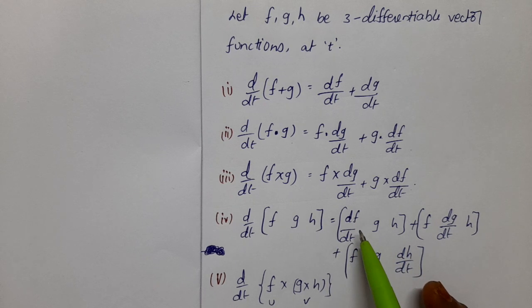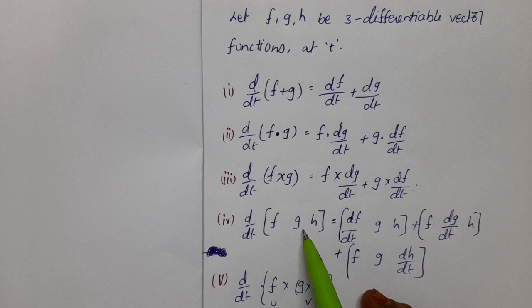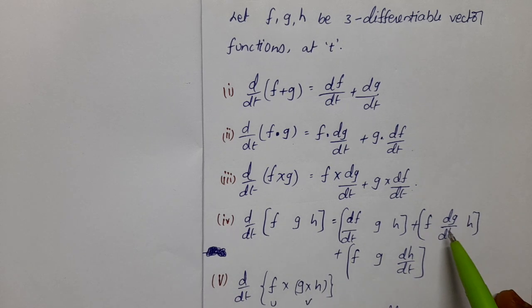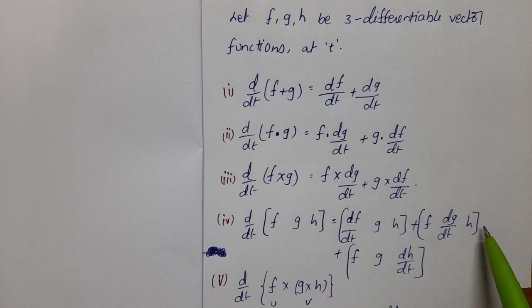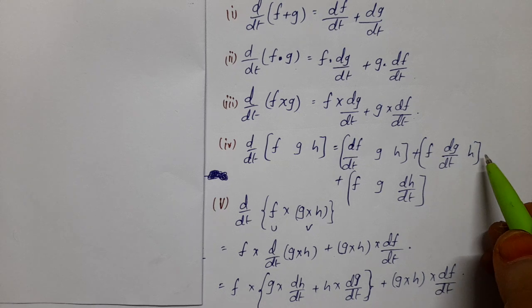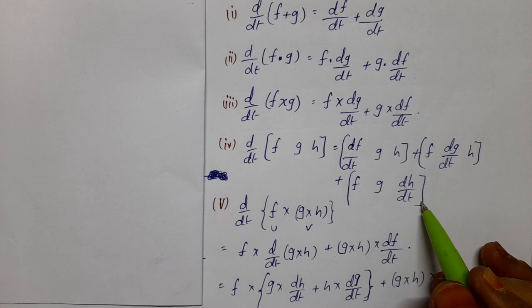Derivative of f means df by dt, g, h in the box, so box of df by dt, g, h. Next derivative of g, so f, dg by dt, h, so box of f, dg by dt, h, plus box of f, g, dh by dt.